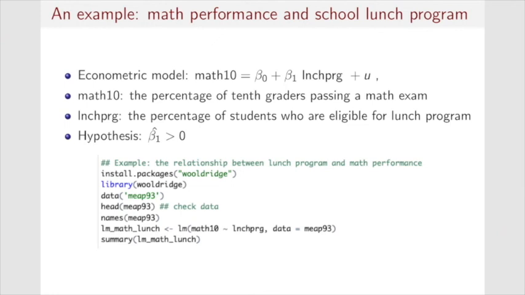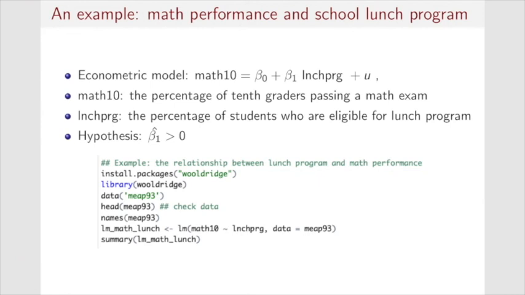And the independent variable lunch program is the percentage of students who are eligible for the free lunch program. A reasonable hypothesis is that if a school has a higher coverage for the lunch program, more students are eligible to have free lunch, then there should be a positive effect on the performance on passing the math exam. In other words, our hypothesis is that beta 1 hat should be larger than 0.